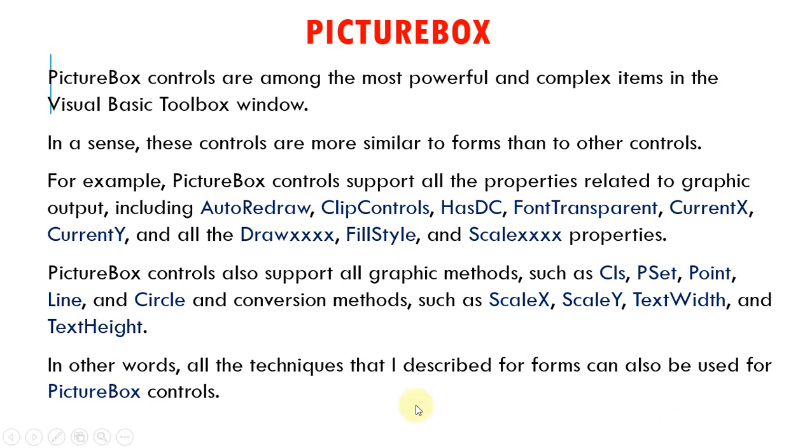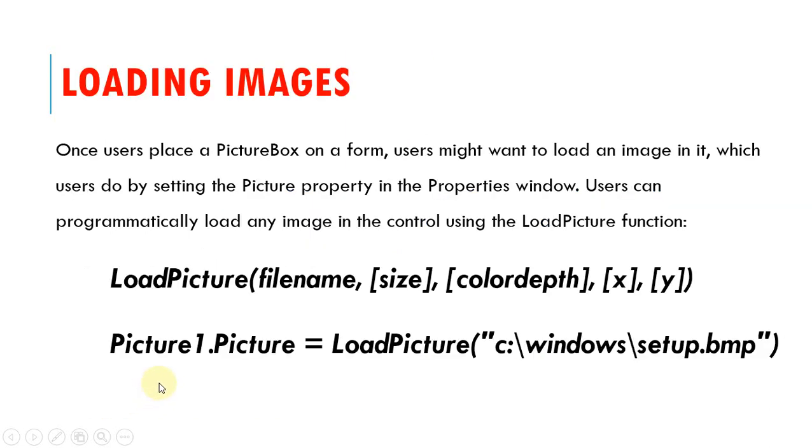In other words, all the techniques that I described for forms can also be used for picture controls. These properties and methods, whatever we are going to explain, will be applied using the PictureBox.